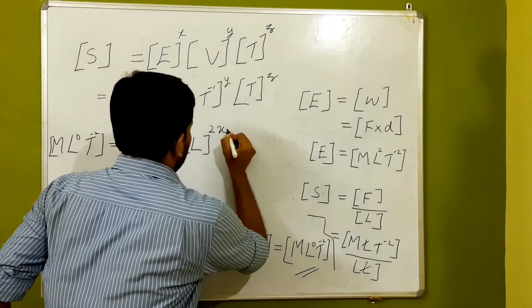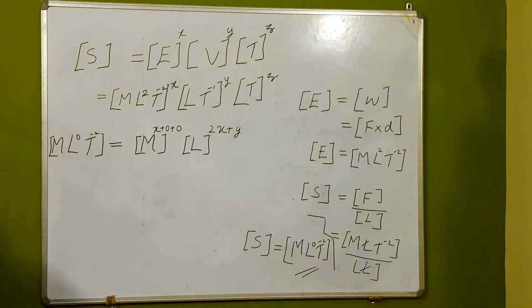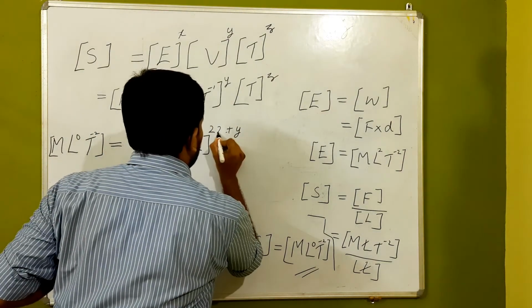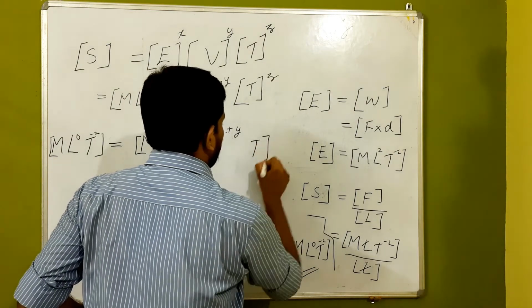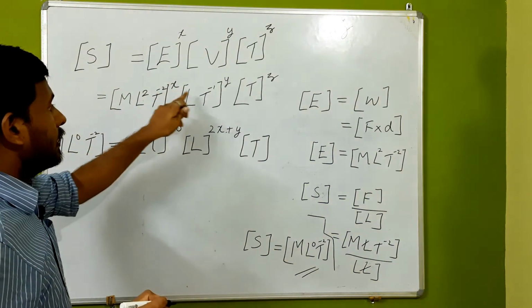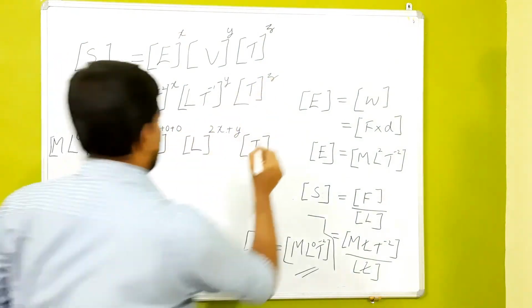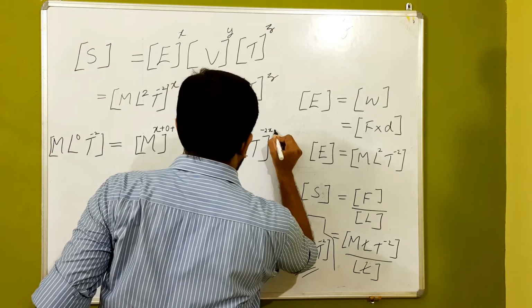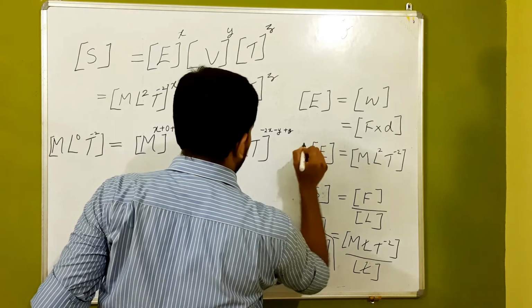And the next term is time. For time we have minus 2x minus y plus z.